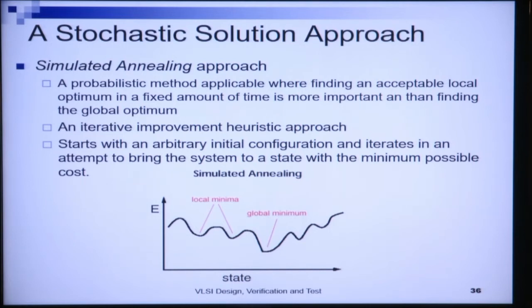So therefore, let us say this denotes the state space of the problem, and this denotes the cost in terms of energy. For us, energy could be, say, resource cost, area cost, then performance cost, latency, etc. Right?